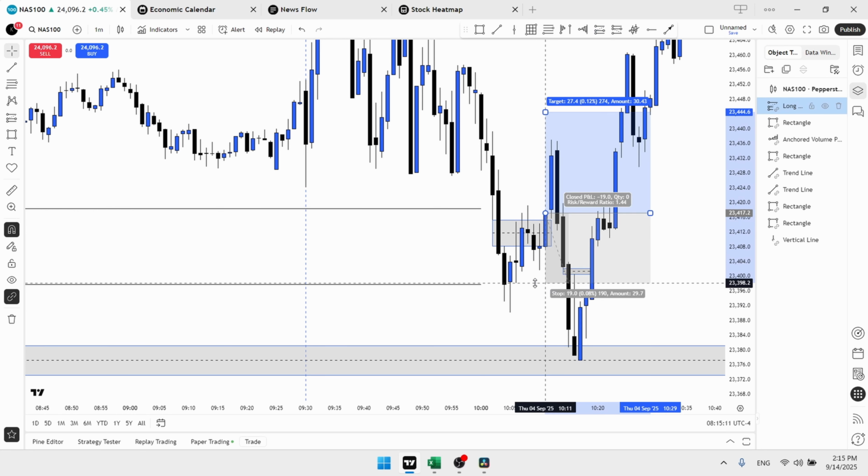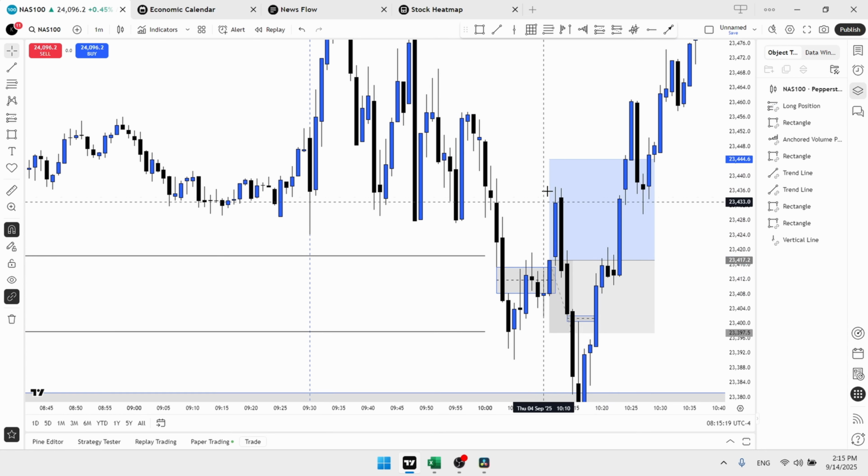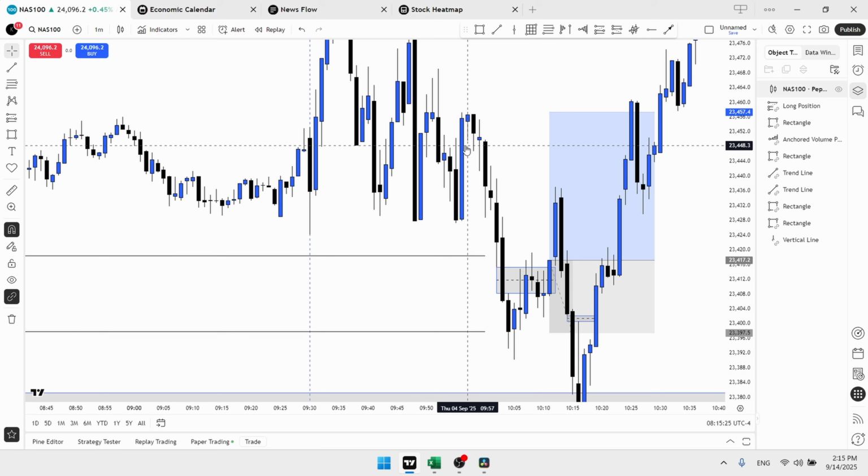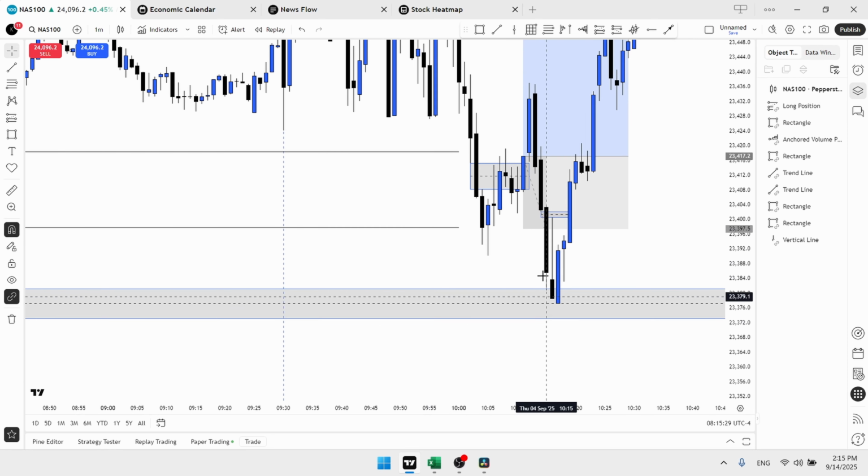I entered here, I put my stop loss somewhere under this inverse, somewhere here, I can't really remember, and my take profit was, I guess, here somewhere. And then as you can see, price came down and swept me out of the position.